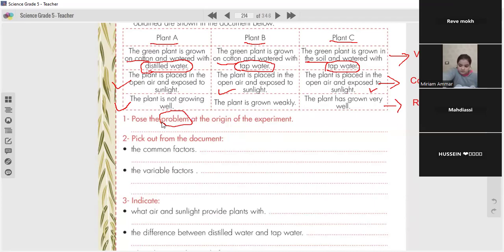Once you are posing a problem, you cannot pose it as a statement or a sentence. Always pose it as a question.